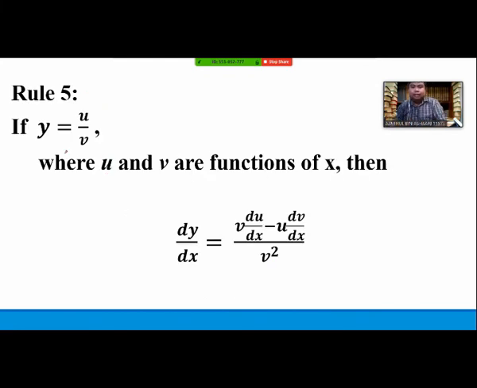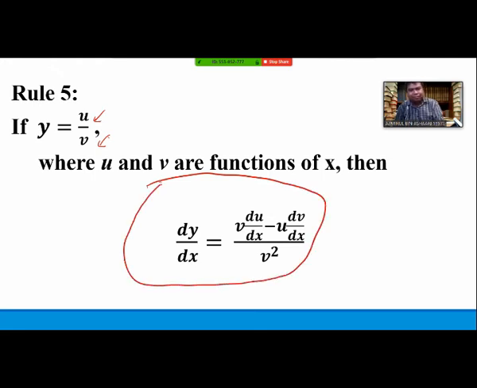Similar case, but in this case, you have x on top, you have x at the bottom. U and V. So, this one you need to remember also. Okay? Which is V du per dx minus U dV per dx over V power of 2.